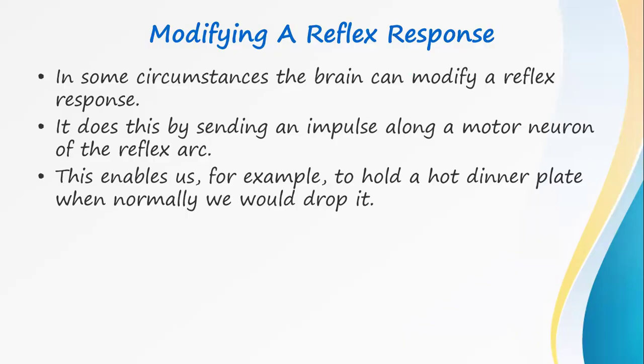So this is all about modifying the response to various stimuli. This is a kind of conditioned action whereby the brain adjusts or modifies the response to the given situation. Take an example: holding a hot plate for a while, normally you would drop it, but the brain gives a kind of modifying signal to hold that plate.